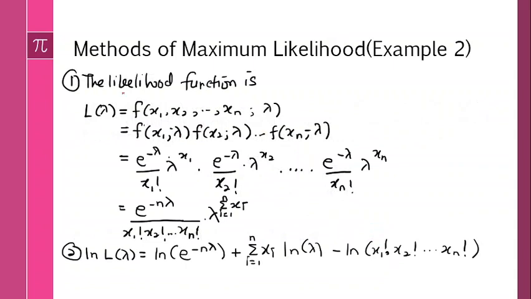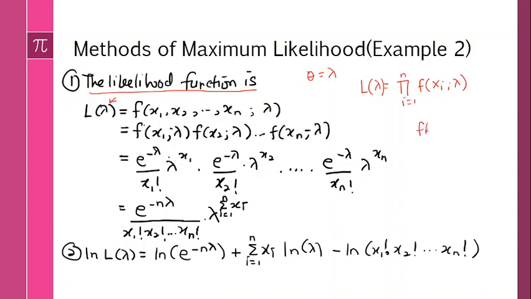The first step is to find the likelihood function. So L of lambda, because the parameter now is lambda. We know that L of lambda is equal to the multiplication of f of xi with parameter lambda, i from 1 until n.